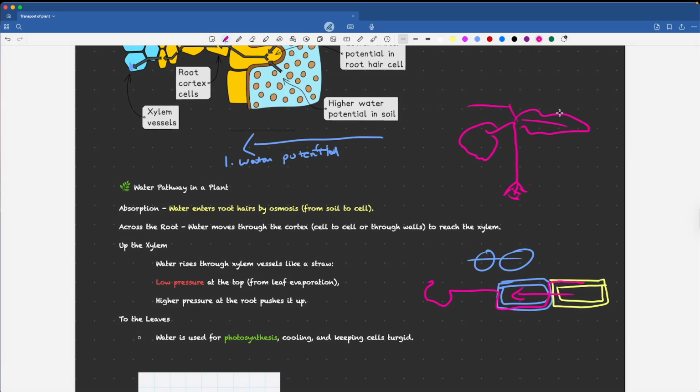Water is constantly being lost by evaporation. As a result, over here there is lower water potential than in the xylem.